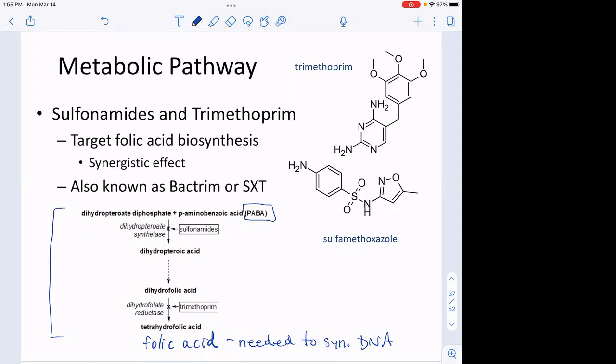One of those enzymes here, don't memorize the name of that, is inhibited by the sulfa drugs, or sulfonamides. So this is a whole class of drugs that have this sulfonamide group in it. There is another drug called trimethoprim that's not a sulfa drug, but it happens to inhibit the second enzyme that's necessary in that pathway.